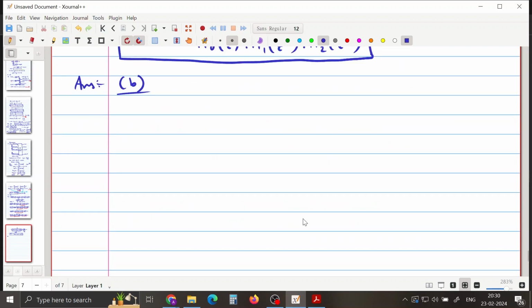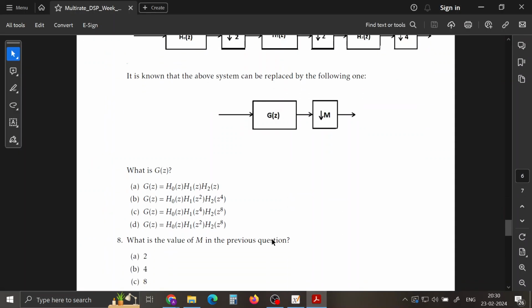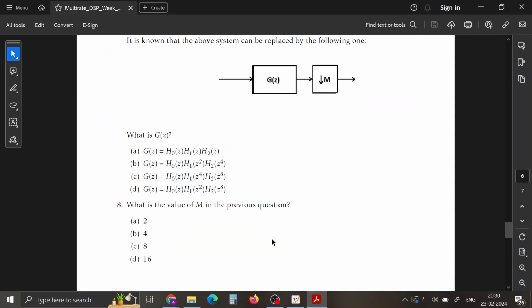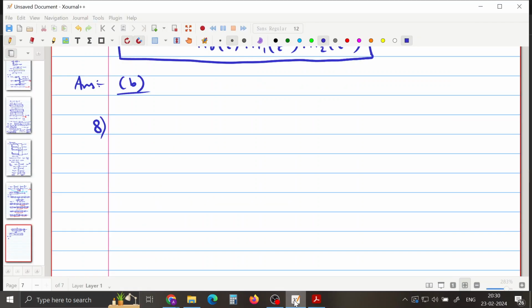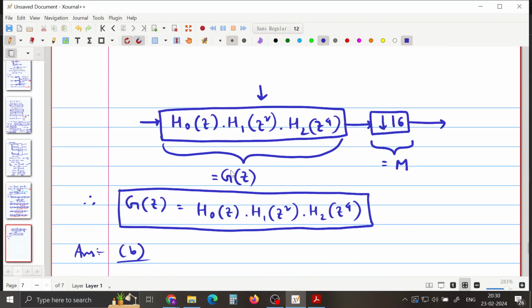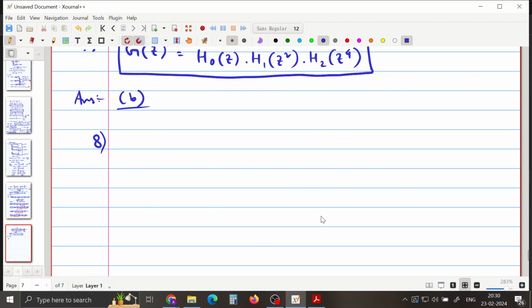Okay. So this is question number 7, and now for question number 8. Question number 8 is basically an extension of question number 7 itself. We are asked to find the value of capital M in the previous question. We have found that m is equal to 16 here. So we have already done that; this is a continuation of question 7.